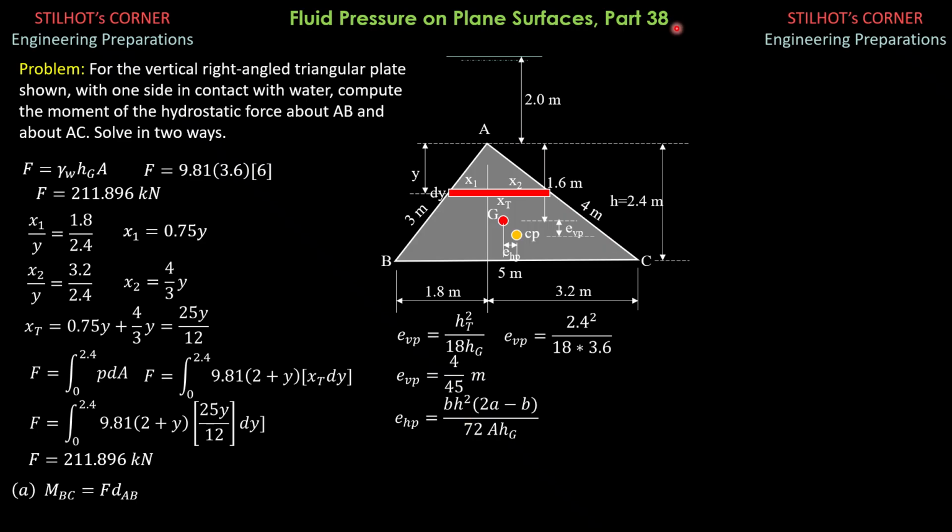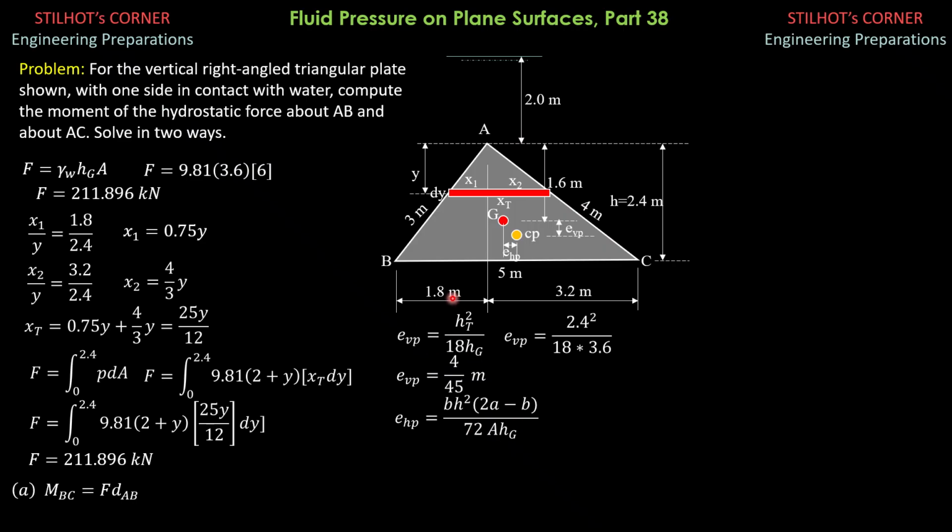So this is already part 38. You look for fluid pressure on plane surfaces, or the first part of fluid pressure on plane surfaces, concepts, principles, and derivation of formulas. You just patiently look for it, and everything is there, so I will not explain this anymore.